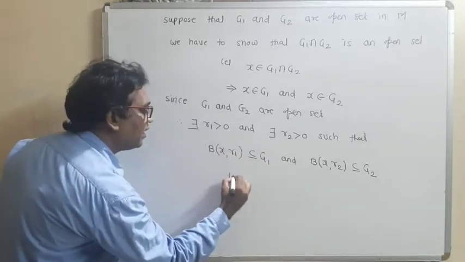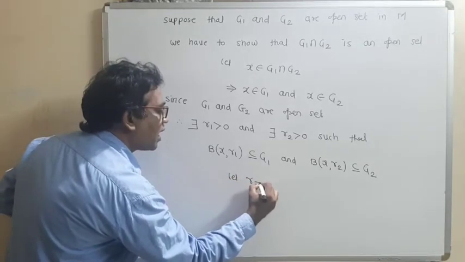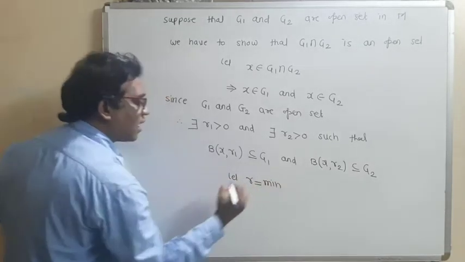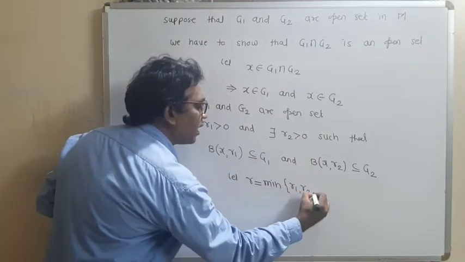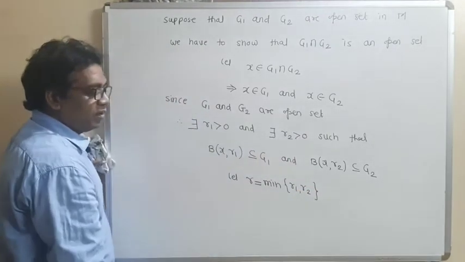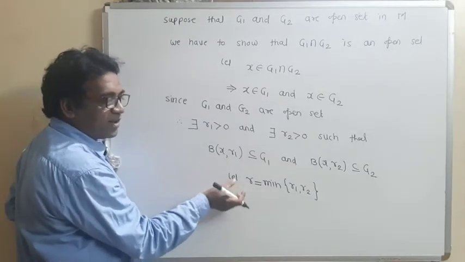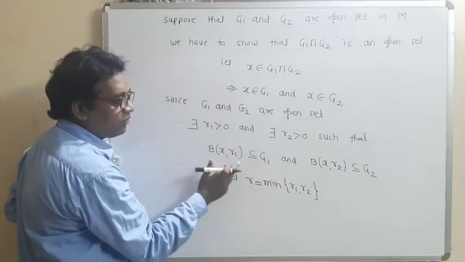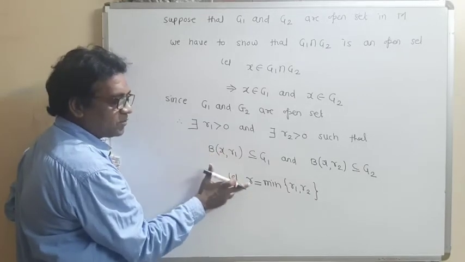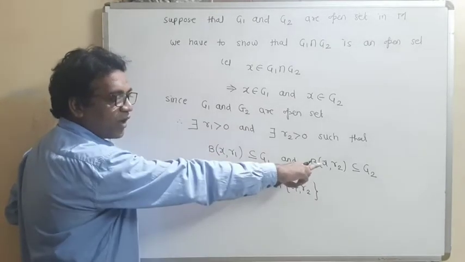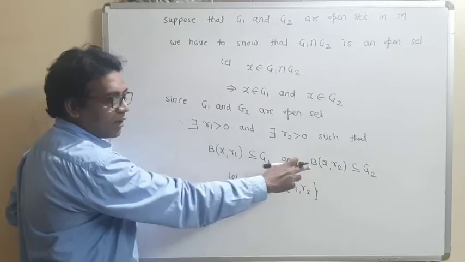Let R be equal to the minimum of the radii R1 and R2. So instead of R1 we can use R, and instead of R2 we can put R.